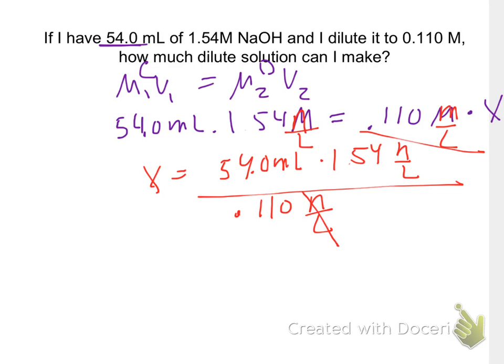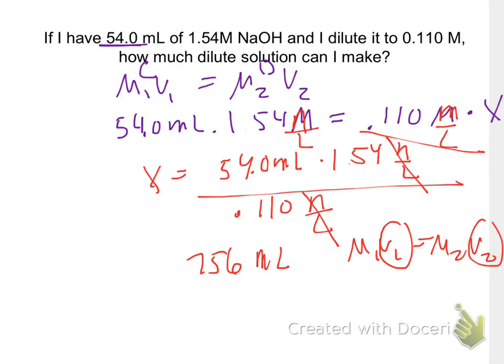So this moles over liters and this moles over liters cancels out. So if I were to multiply 54 times 1.54 divided by 0.110, what I get is 756 milliliters.